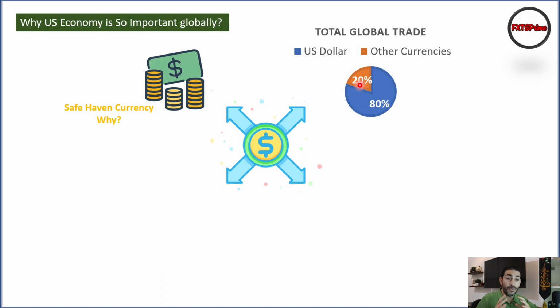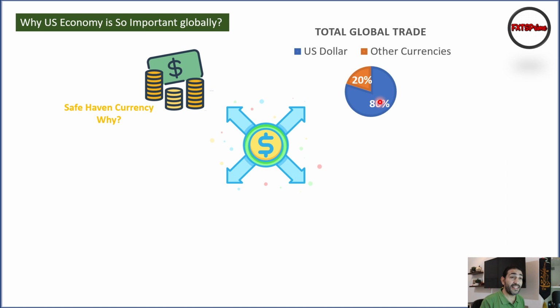That means that the US dollar is used worldwide. So if all the countries are buying and selling goods and services, they're going to pay in US dollars. And that transaction of US dollars consists of 80% of global trade.